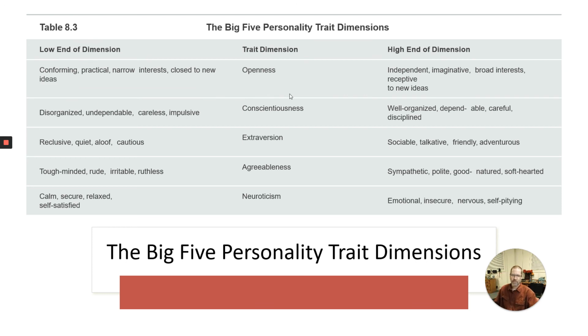So what they're saying is there's a range of openness, a range of conscientiousness, a range of extroversion, a range of agreeableness, and you'll see with extroversion, then the range would be really introversion over here. The introvert over here would be the recluse, or quiet, or aloof, or this exaggerated sense of caution. And over here, the sociable, talkative, friendly.